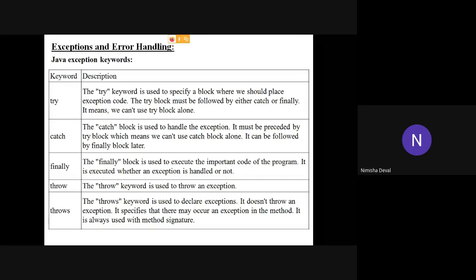If there is a possibility of exceptions, compile time or runtime, at that time, to send or forward the message from that program to the user, you should write a finally block in your program. Then the throw keyword is used to throw an exception.